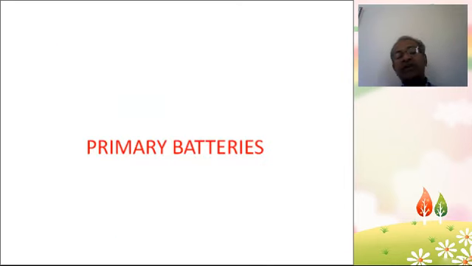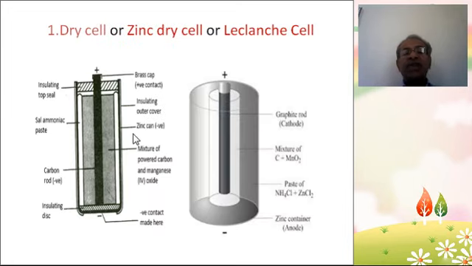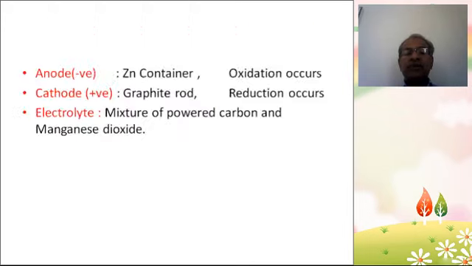Now we are going to study the different types of primary batteries one by one. Let us see. The first one is the dry cell, which is also known as the zinc dry cell or the Leclanche cell. In the dry cell, the zinc container acts as the anode, which is the negatively charged pole where the oxidation occurs, whereas the graphite rod acts as the positively charged pole or electrode where the reduction occurs.